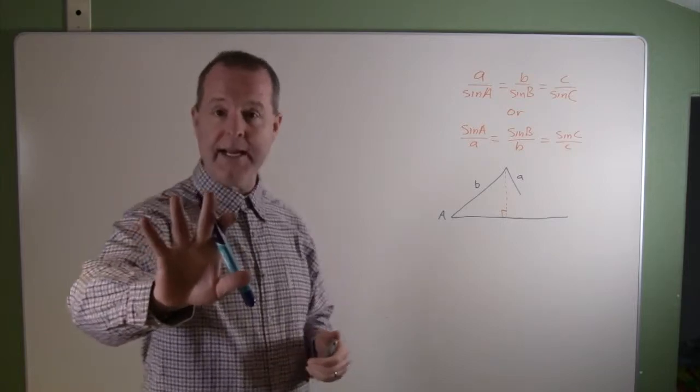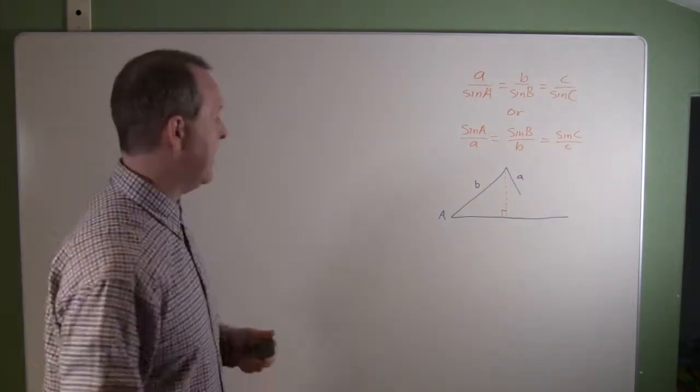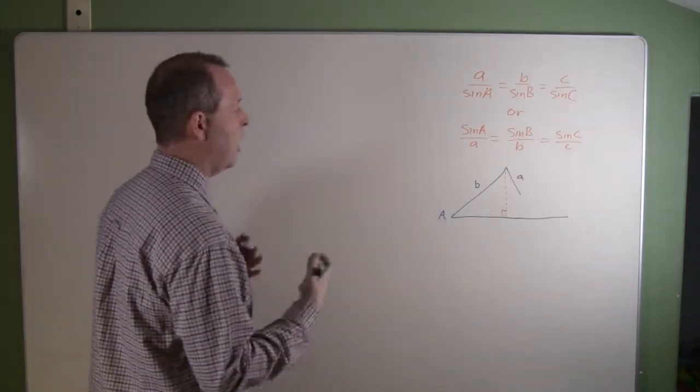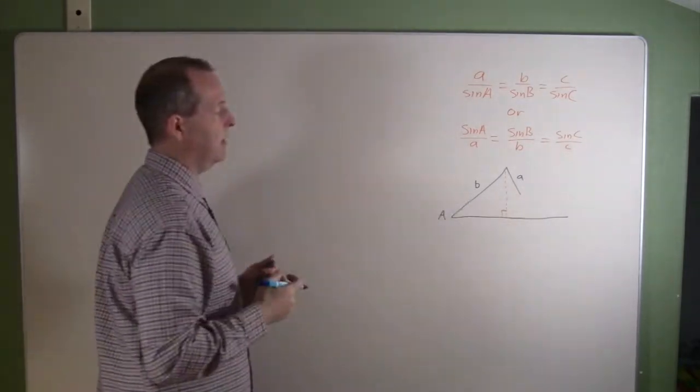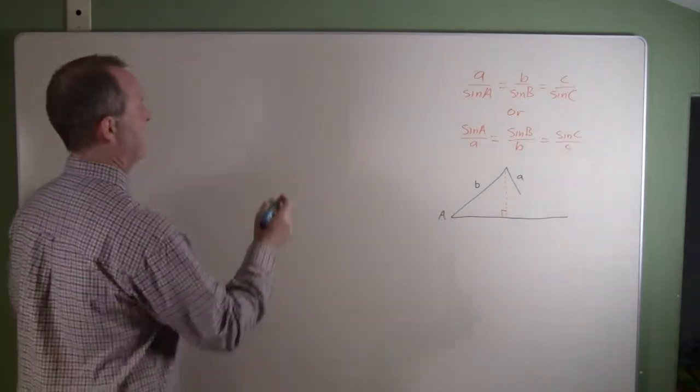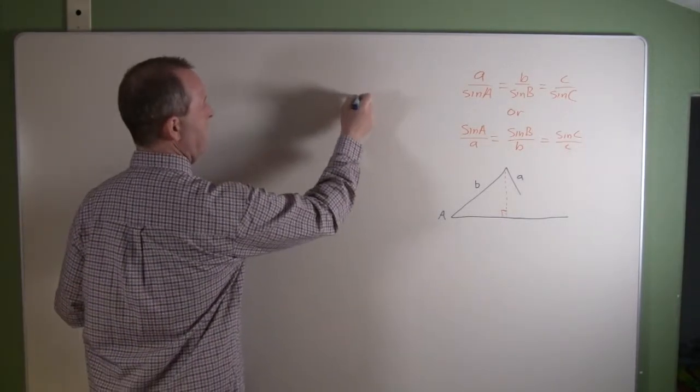So let me show you four cases of what I mean by that so we can see what goes on. So let's draw a triangle where A is, here, we'll just do it this way.